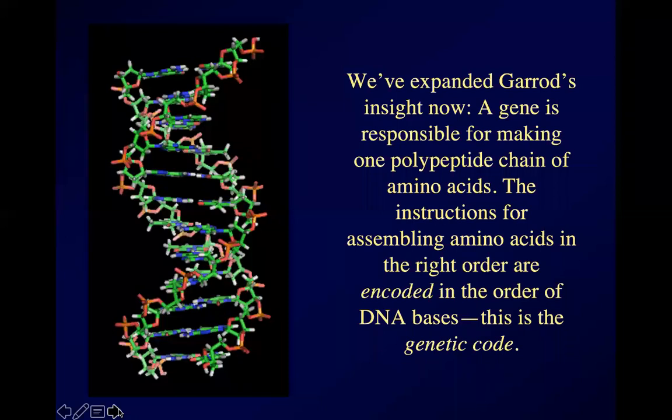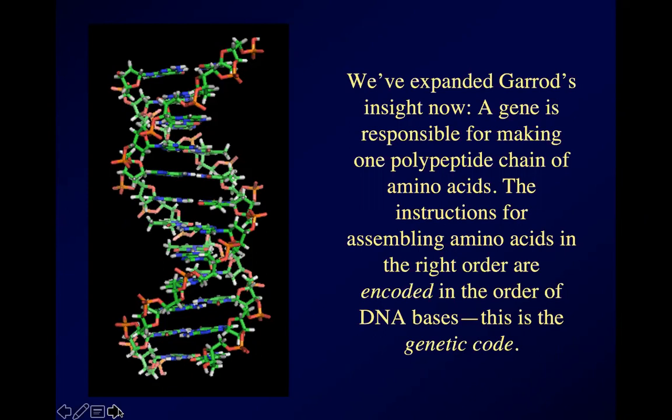The order of the bases on the 6 feet of DNA in every one of your diploid cells carries the instructions for putting amino acids together in the right order. If you put amino acids together in the right order, that chain of amino acids will fold into the right shape, and that protein can do what you need it to do.